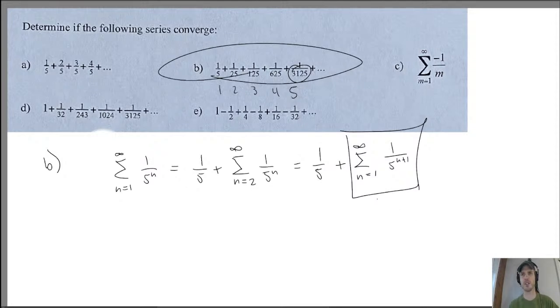This is not a p-series. So this is harmonic, so we know it diverges. We can't use p-series for this. Let me see what else we got. Because it should be n to the p. Are there any p-series?